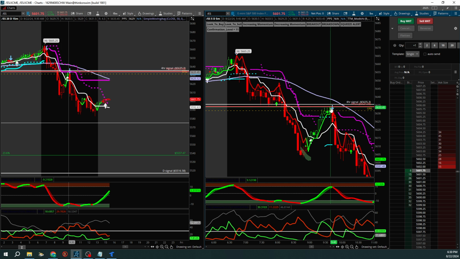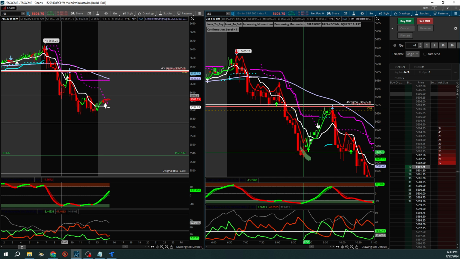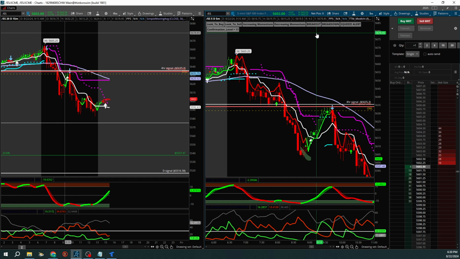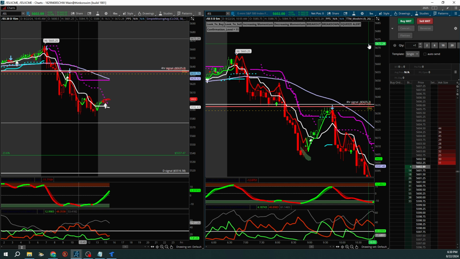Trade number 2 comes in after this bounce right here. We were coming back and retesting the 4-hour signal. We broke from the 4-hour signal here, and then we were coming back and retesting the pivot. Anytime you revisit the pivot from the bottom, it is likely to fail. Similarly, when we approach it from the top, meaning if the price comes back down and revisits the overnight pivot, it is likely to bounce to the upside.